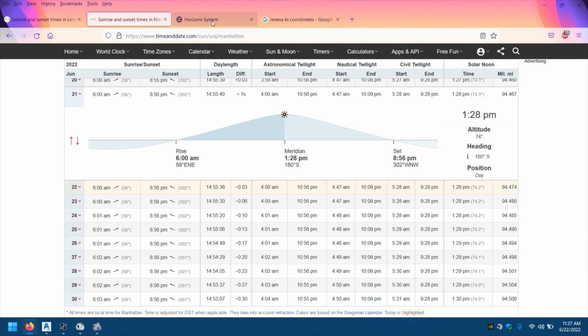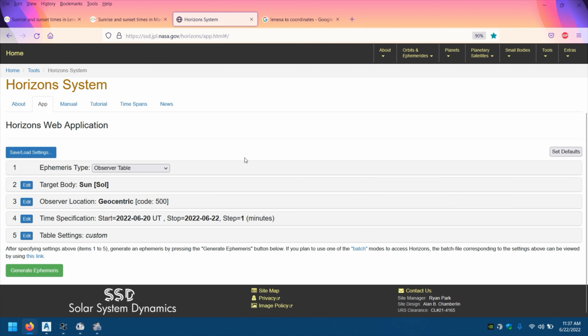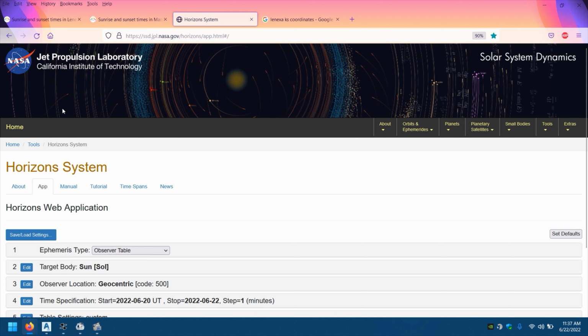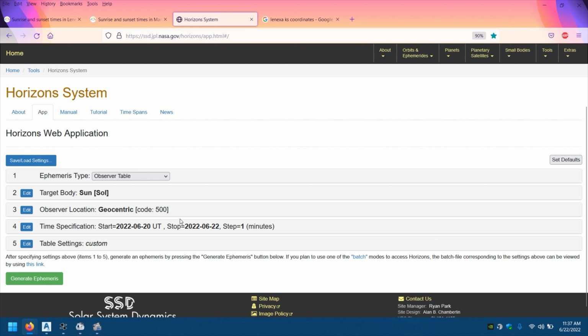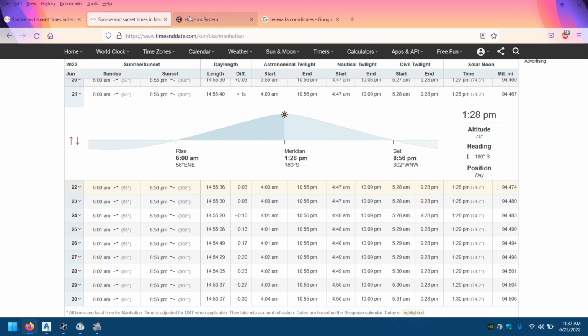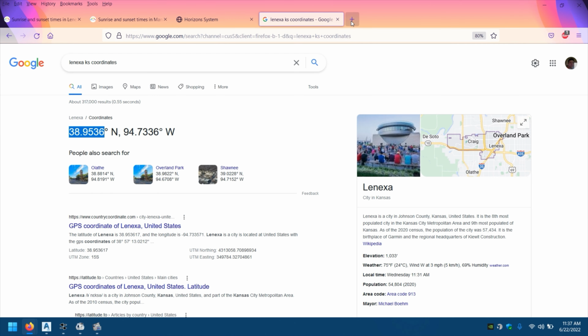So next I go into this NASA website and I need the measurement from the center of the sun to the center of the earth on that day. First I need to convert it from UTC time.